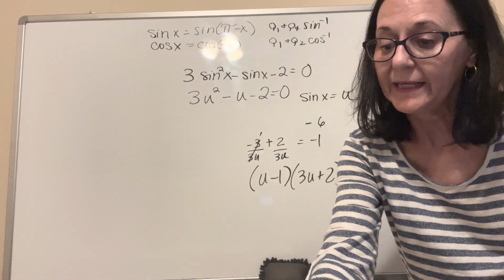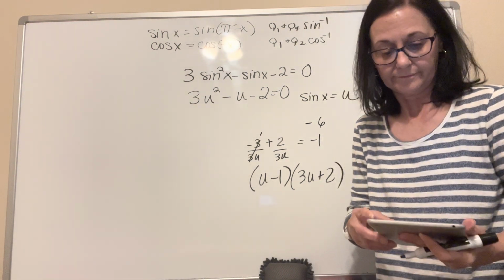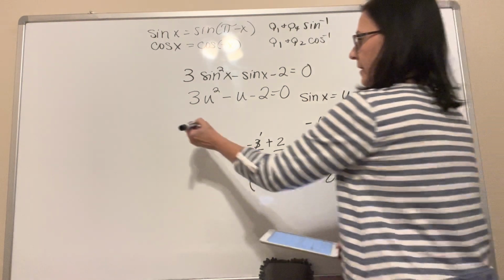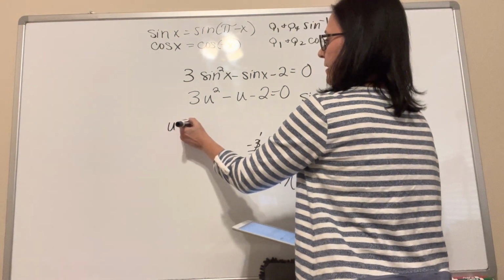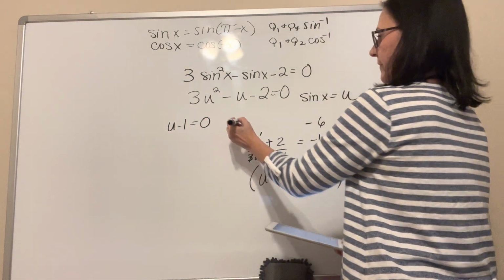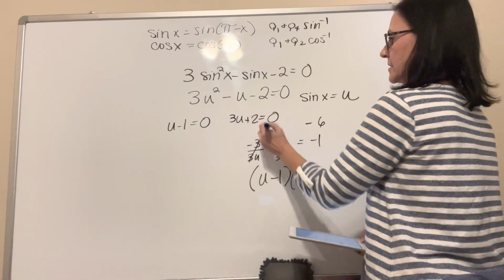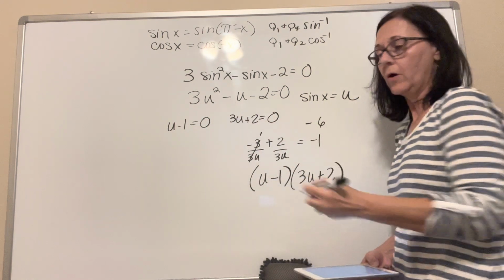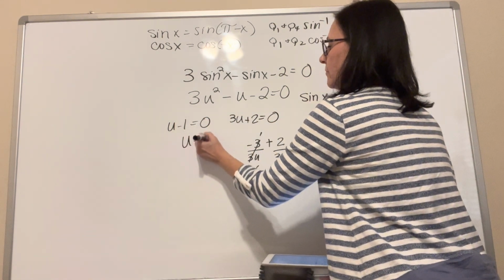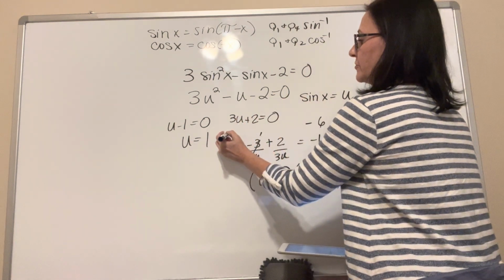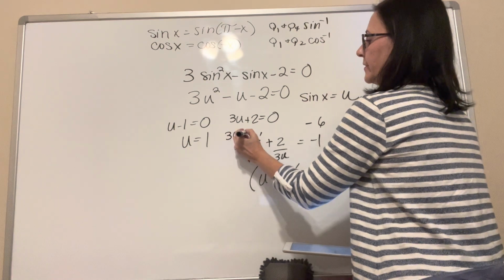So then you set each factor equal to 0. So u minus 1 equals 0, and 3u plus 2 equals 0. So I'm going to add the 1. u equals 1. I'm going to subtract the 2. 3u equals -2.